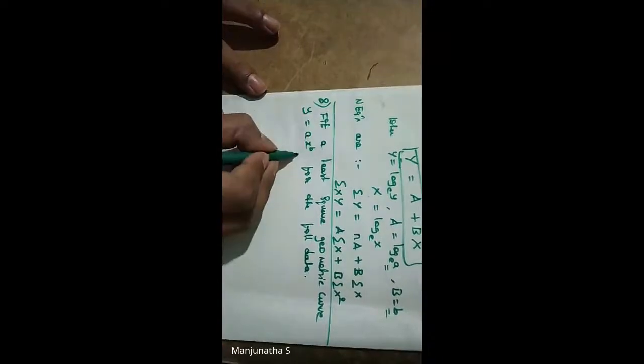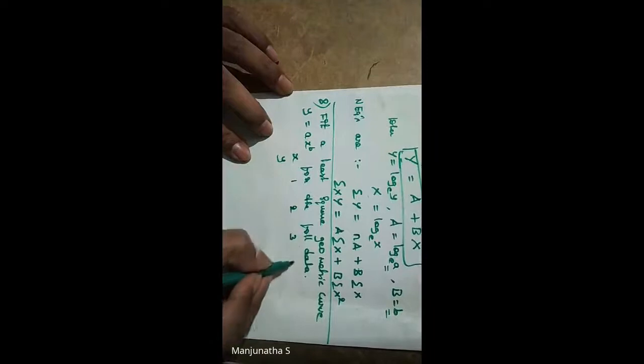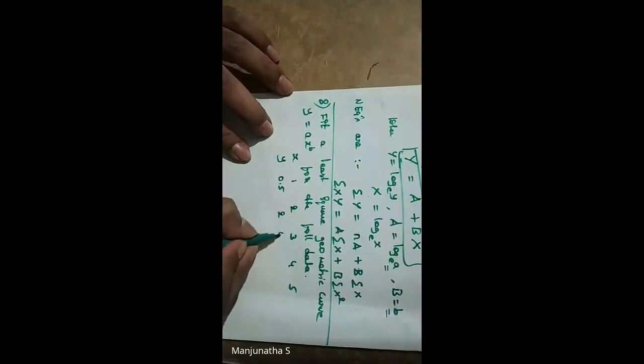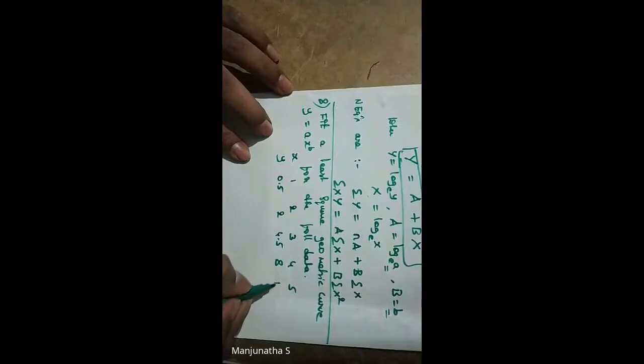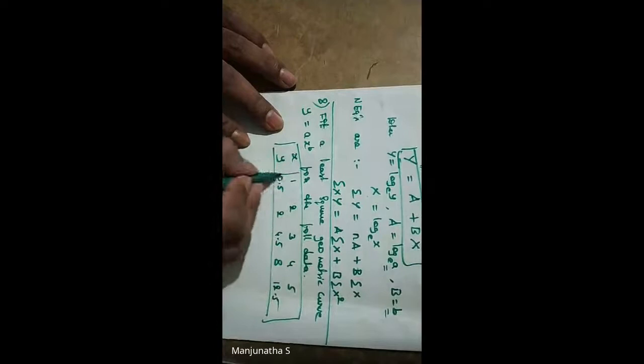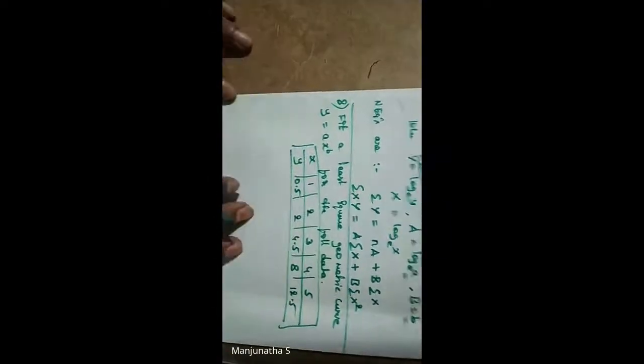Here x and y: x is 1, 2, 3, 4, and 5, and y is 0.5, 2, 4.5, 8, and 12.5. So this is the given data. It is easy only, just listen carefully.